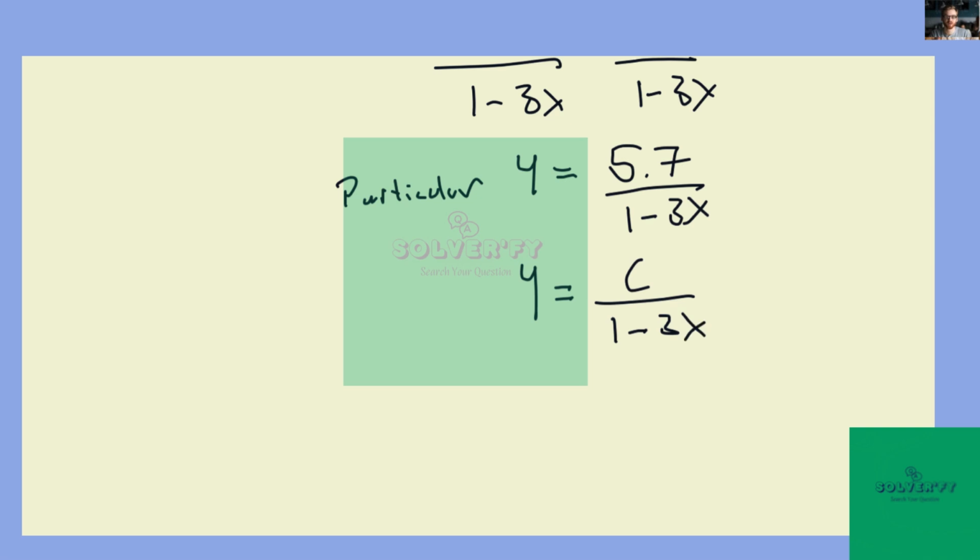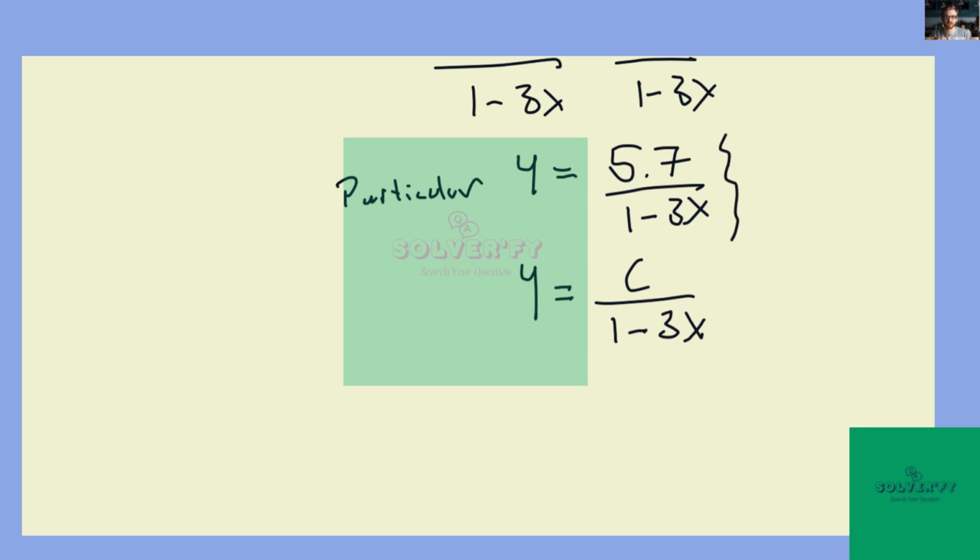And a good thing to do when you do these types of problems is check: does the initial value that I was given make sense with my final equation? That is, if I take y equals 5.7 over 1 minus 3x and I plug in 0 for x and 5.7 for y, is what I get true?